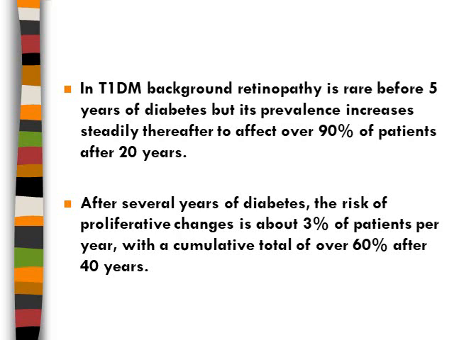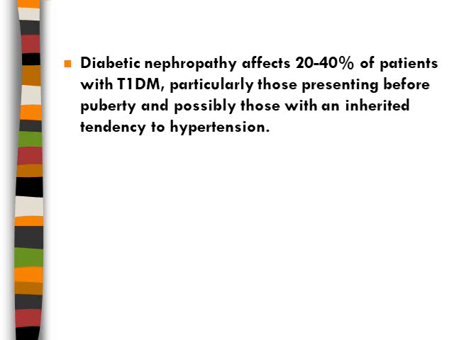And those 40% who don't develop retinopathy even after 40 years of the disease are the persons who are not genetically predisposed to develop retinopathy or nephropathy. Diabetic nephropathy affects 20 to 40% of the patients with type 1 diabetes mellitus, particularly those presenting before puberty and possibly those with an inherited tendency to hypertension.